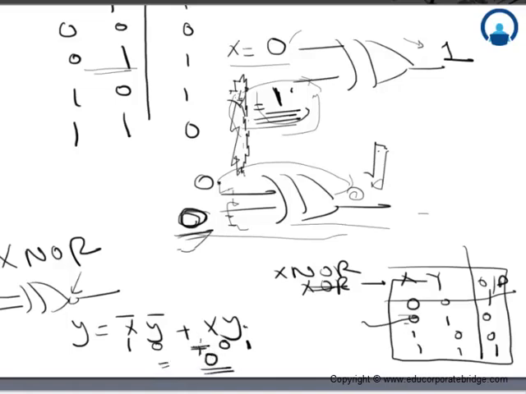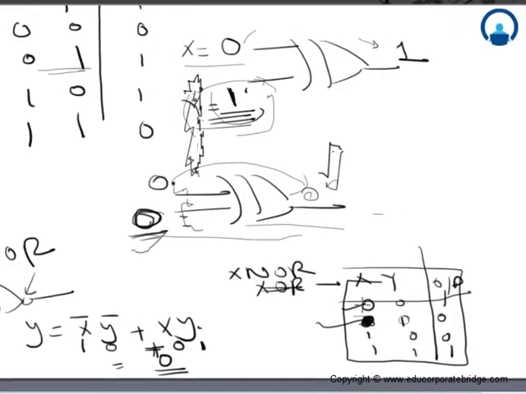We can clearly conclude from this that XNOR acts as an inverter when one of the inputs is 1. That is, it gives the output which is the complement of the other input. Similarly, if one of the inputs is 0, XNOR acts as a buffer.